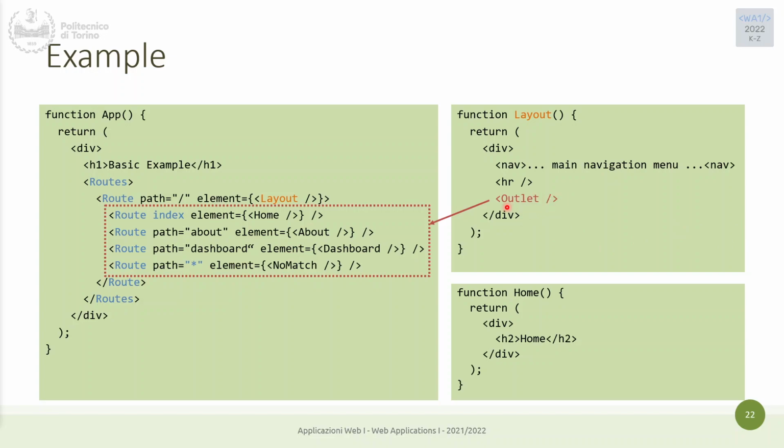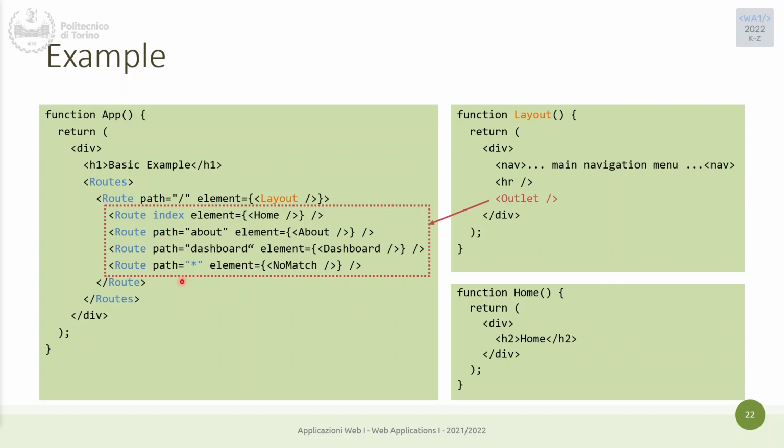If you don't specify anything, so if you just enter localhost 3000, you will get the layout component, because it's something specified here. And inside the outlet, you will also get the home component, because it's the default case of the inner route, as I said before.